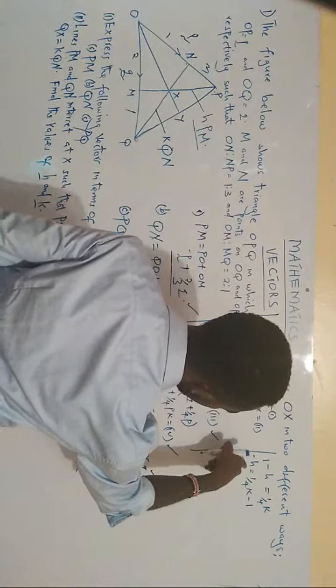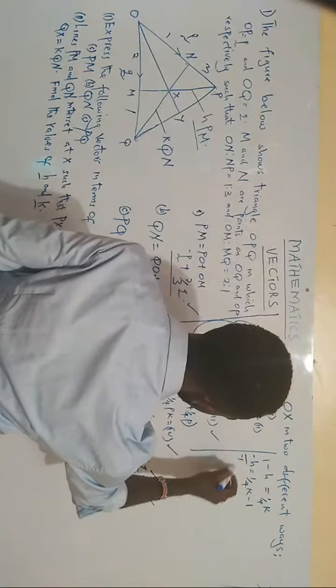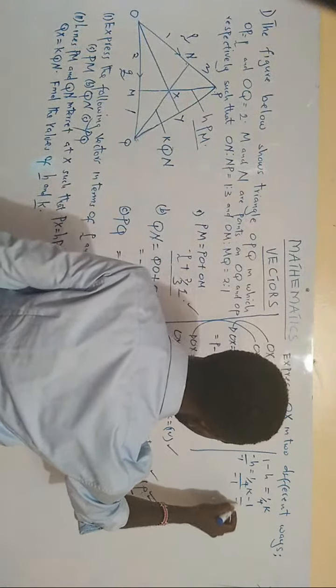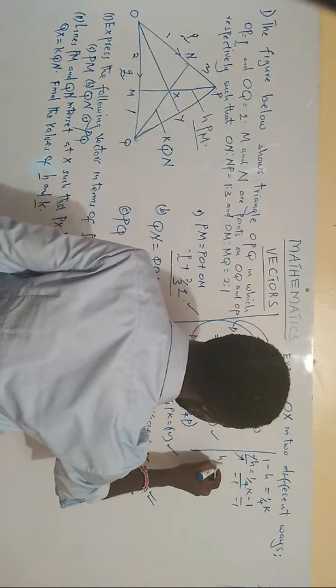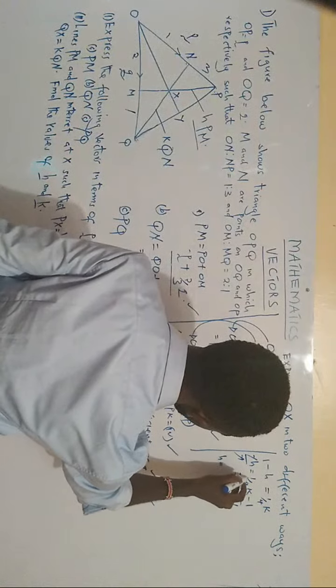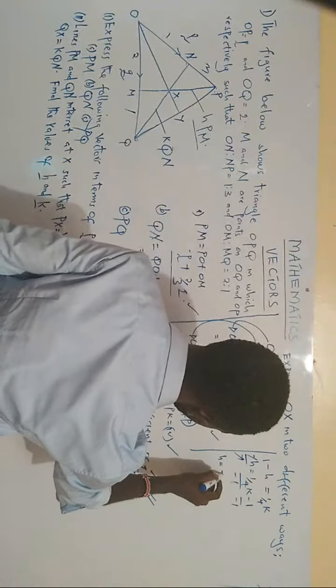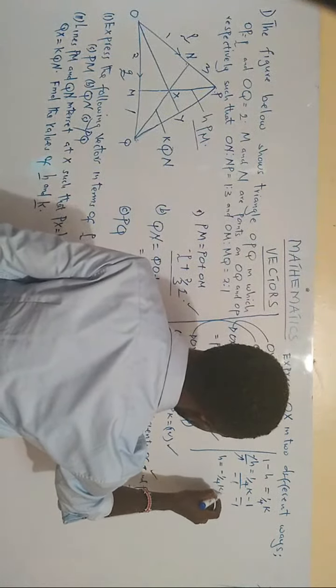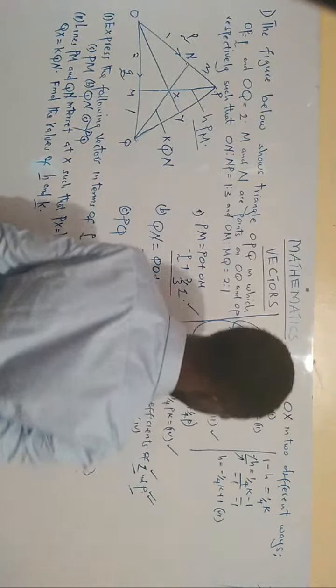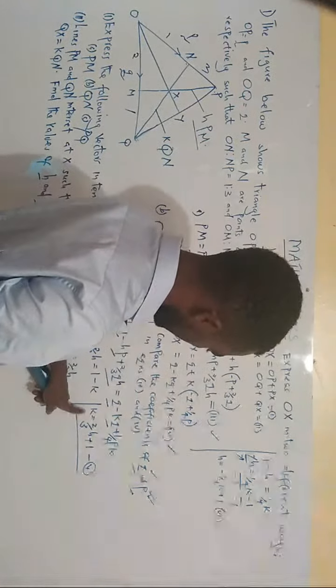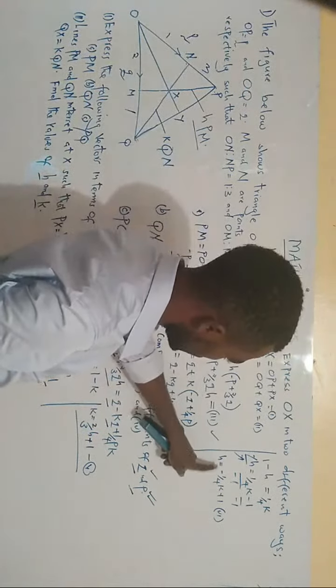To make h the subject of the formula, divide all through by -1. The negative and negative cancel to be positive, so h will be equal to, this was positive, so it will be negative now, -1/4 k plus 1. That is equation 6. All right. Now, k is equal to this, h is equal to this.